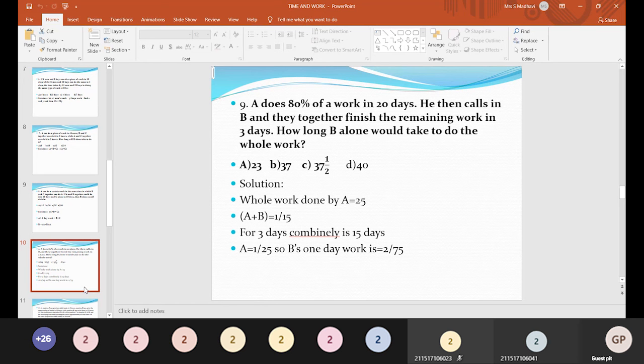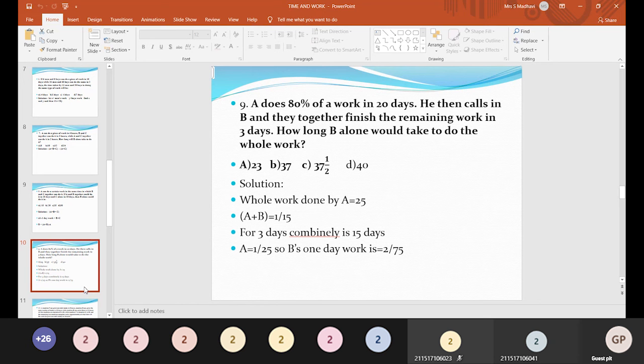Why it is taken as 20 into 5 by 4: it means 80%. When 80 is divided by 100, we get 5 by 4. So A can do 80% in 20 days. So the whole work by A is 20 into 5 by 4, converting the 80 divided by 100 into 5 by 4. It is given as 25 days.